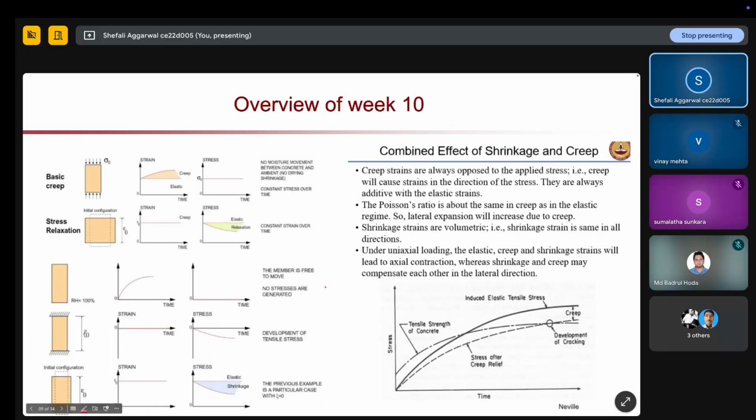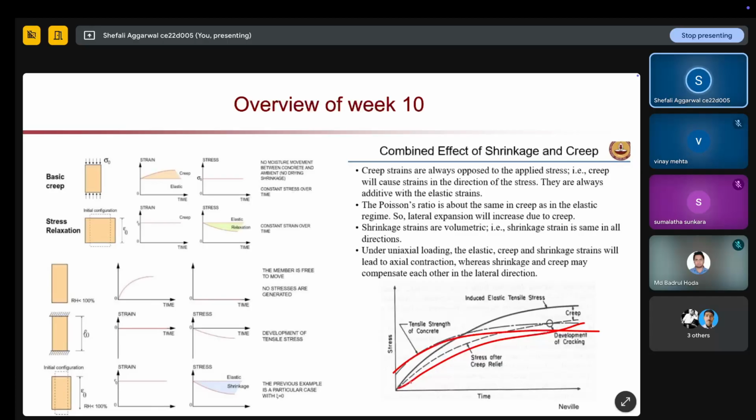Okay, next thing is, what is the combined effect of creep and shrinkage? If creep and shrinkage take place together, this is how your graph will look. This is your stress after creep relief, and this is the normal tensile strength of the concrete.